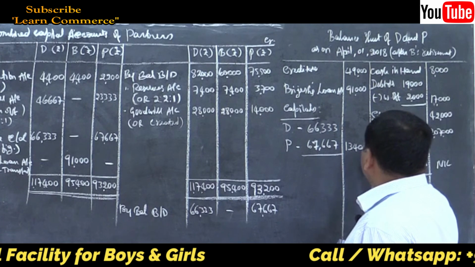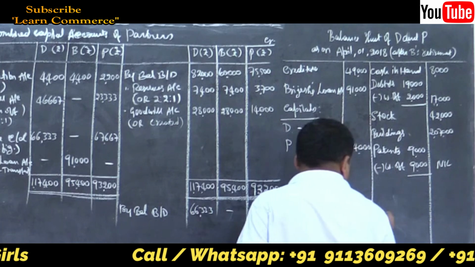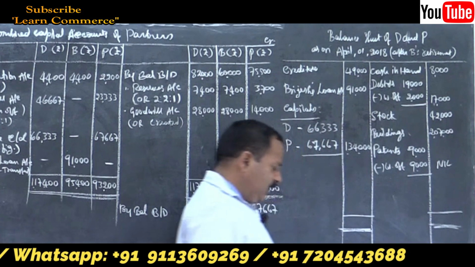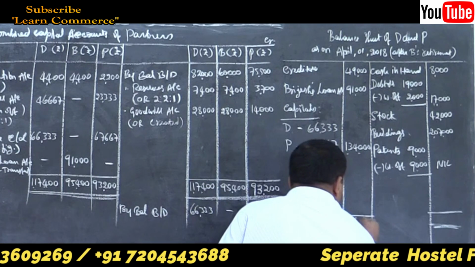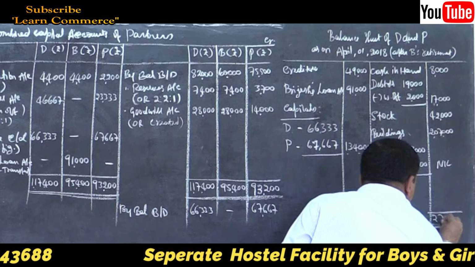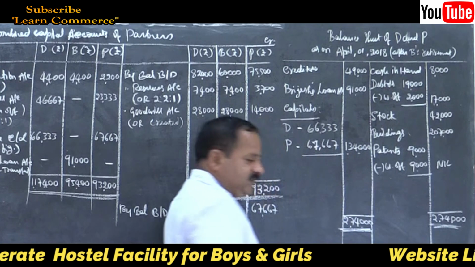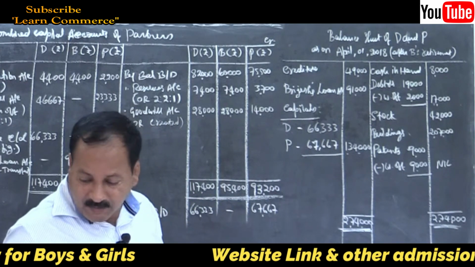Now check whether the balance sheet agrees. It must agree, and it will. The total is 2,74,000. So with this, your first problem comes to an end.